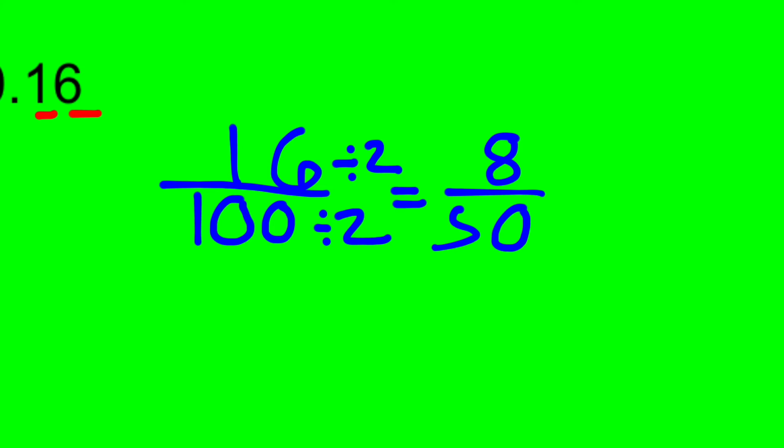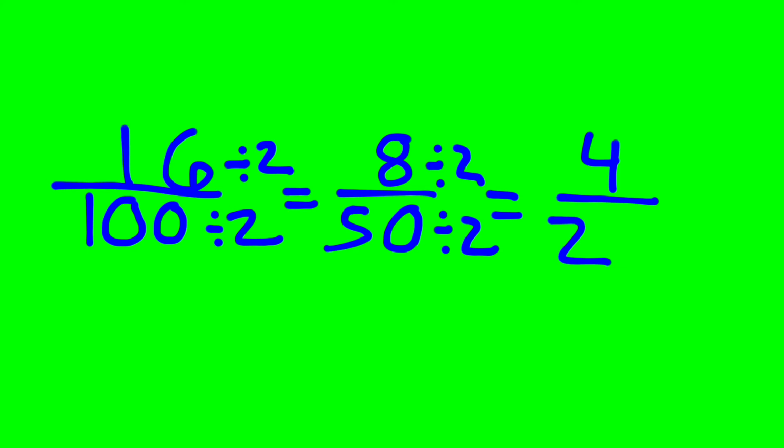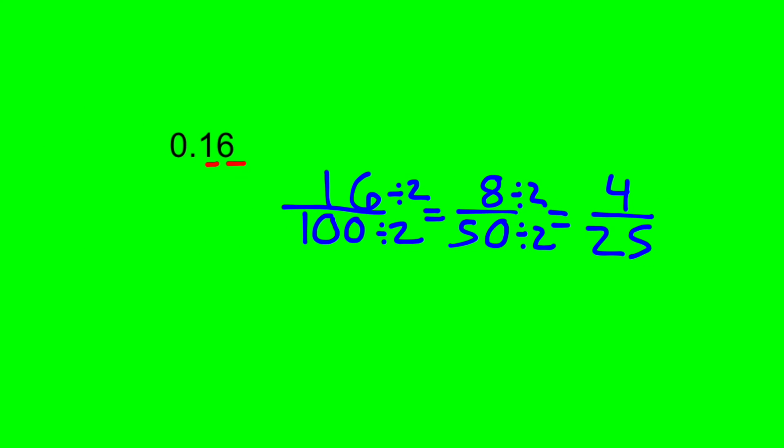If you don't know the largest, you could just recognize that I can divide both of these by 2 because they're even. And that's 8 over 50. And they're still both even numbers, so I could do that again. And in simplest form, my fraction is going to be 4 over 25.